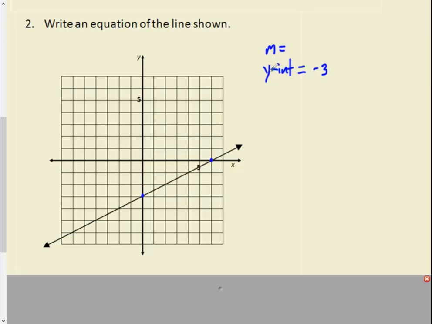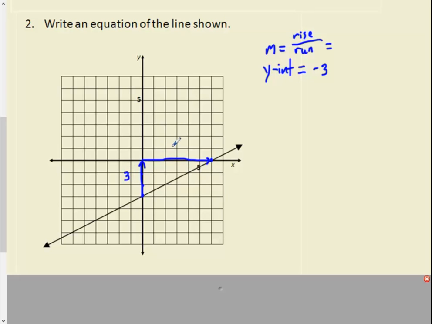So here, if we look at the rise over the run, or you can look at y2 minus y1 over x2 minus x1, either way, we're going up 1, 2, 3, and to the right 1, 2, 3, 4, 5, 6.